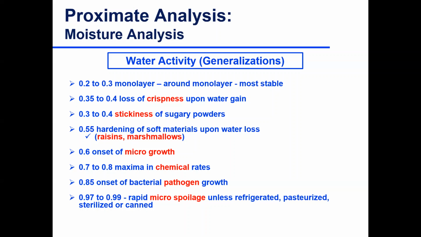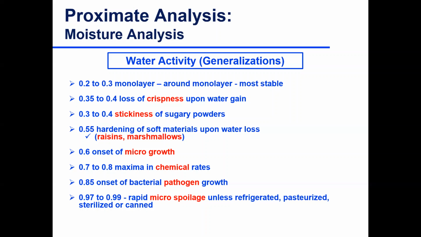When we get a little bit higher, 0.35 to 0.4, we start losing crispness, so texture changes. If it was crisp, now it becomes chewy. 0.3 to 0.4 actually starts getting sticky in terms of texture. At 0.55, hardening of soft materials, which is kind of interesting.